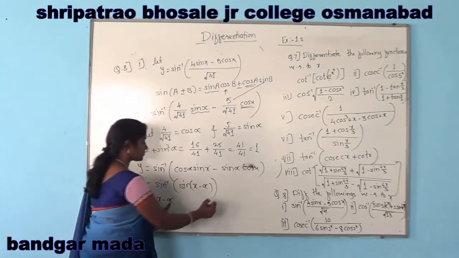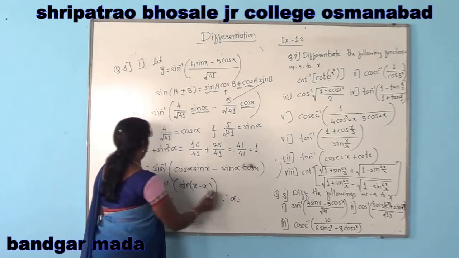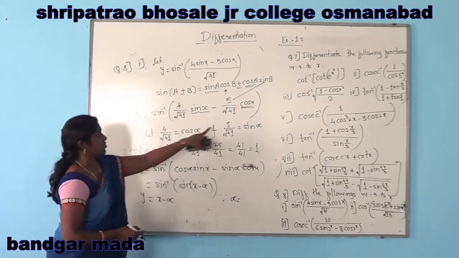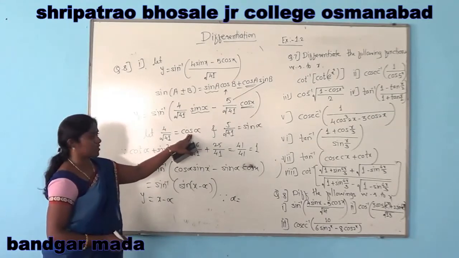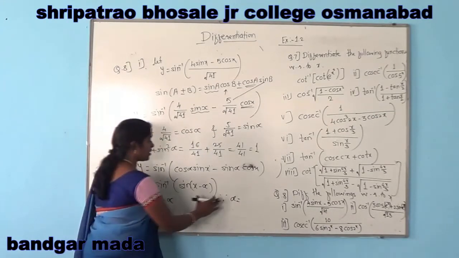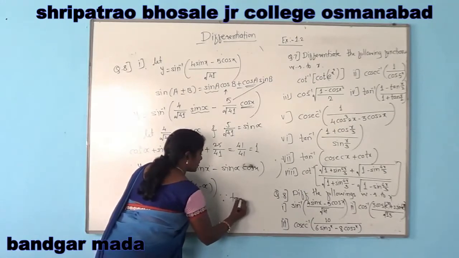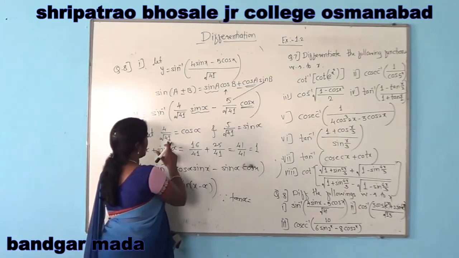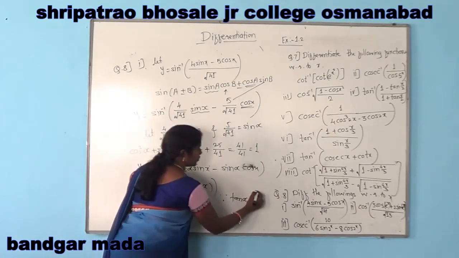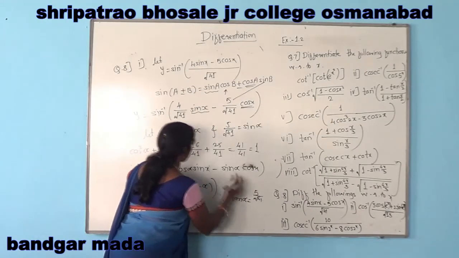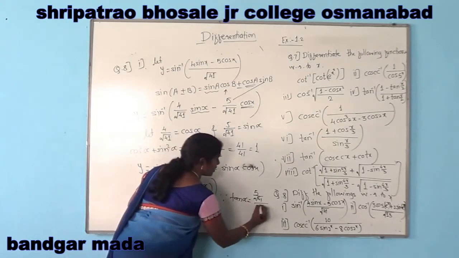Now for alpha, we can divide these two. Sin alpha upon cos alpha is tan alpha. So tan alpha is equal to sin alpha by cos alpha, where sin alpha is 5 by root 41 and cos alpha is 4 by root 41.